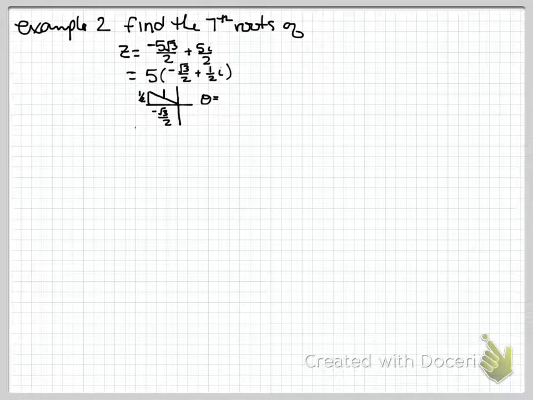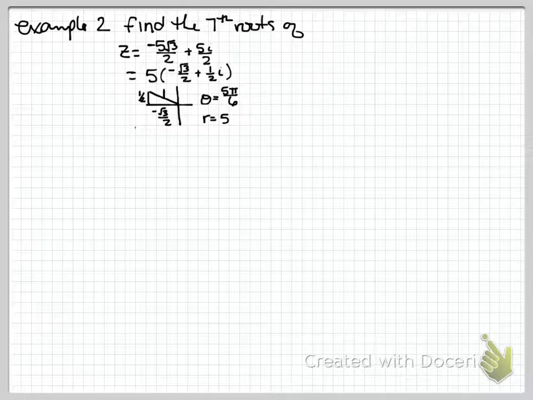Well, that would be 5 pi over 6. Now remember, this number out in front was also our r, so r is going to be 5. If you didn't notice that there was a GCF, you could have also just squared the first one, squared the second one, added them together, simplified, and you would have still got 5.